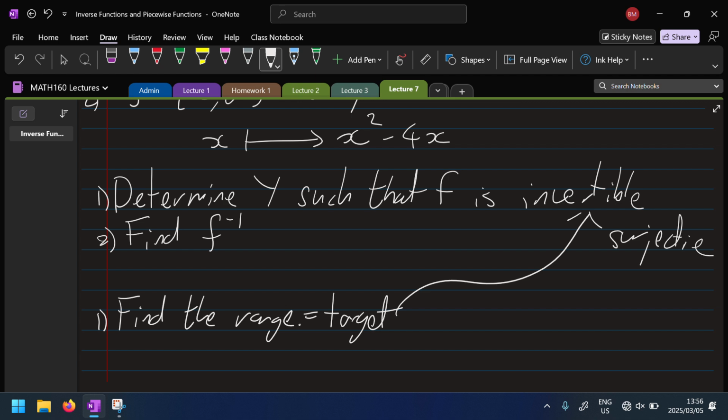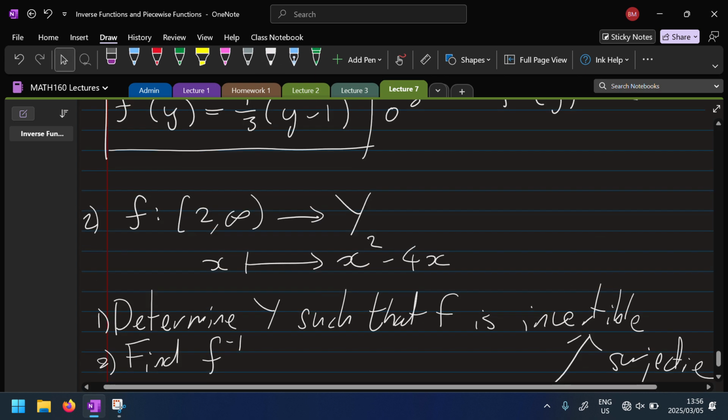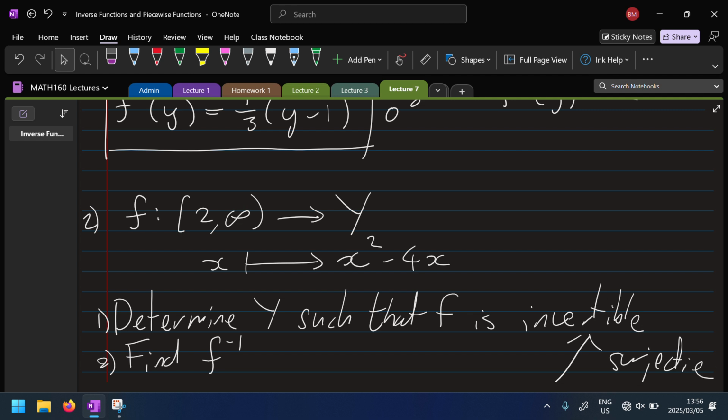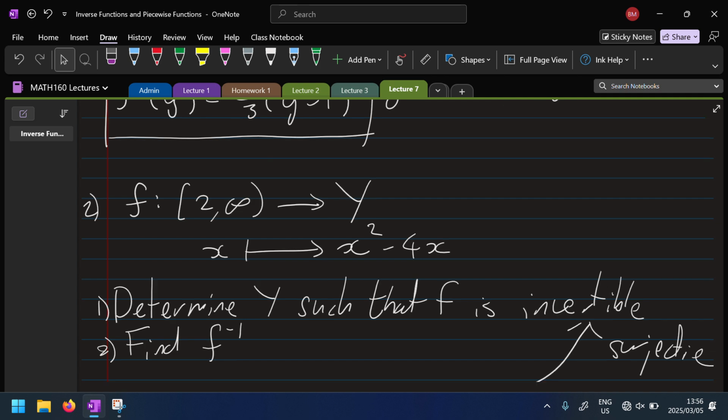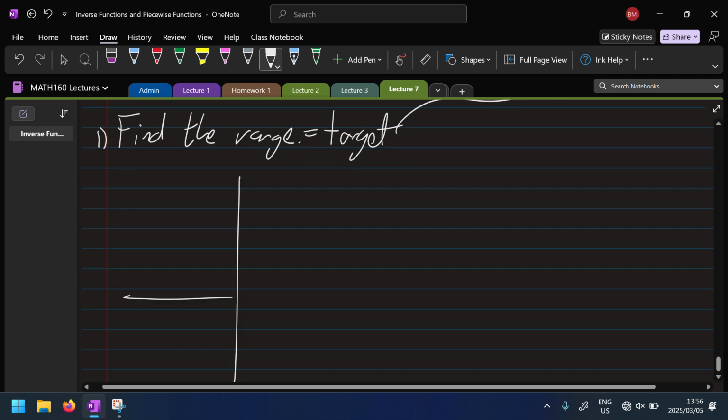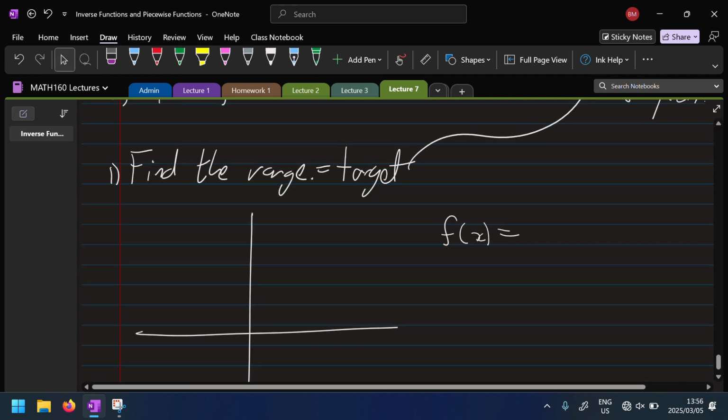So we want to find the range. How do we do that? We got some parabola shape there. How do we find the range? Who said draw? You said draw. Yeah, we draw a picture. Easy. So let's draw a picture. What do we want to draw? F of x equals x squared.